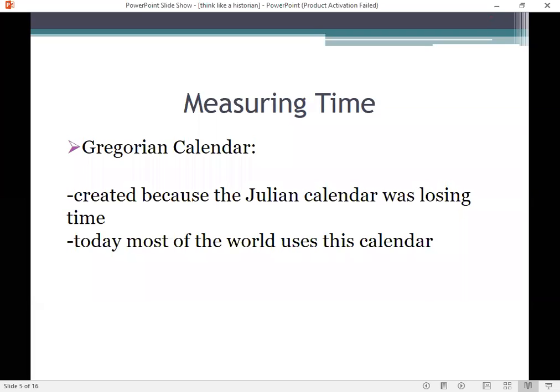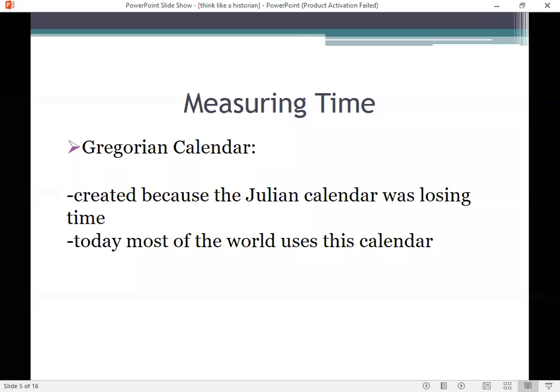Yahya, can you tell me why do we use timelines? Why do we use timelines? We said we have 2 methods of measuring time, timelines and calendars. Why do we use timelines? Or when do we use timelines? To identify the time. Really?